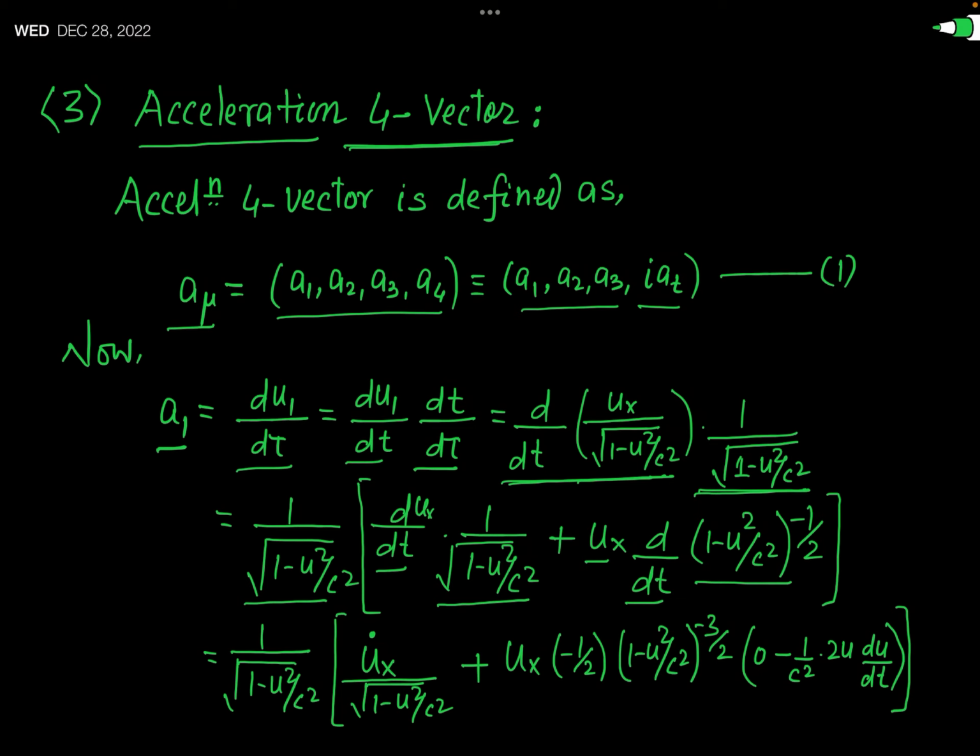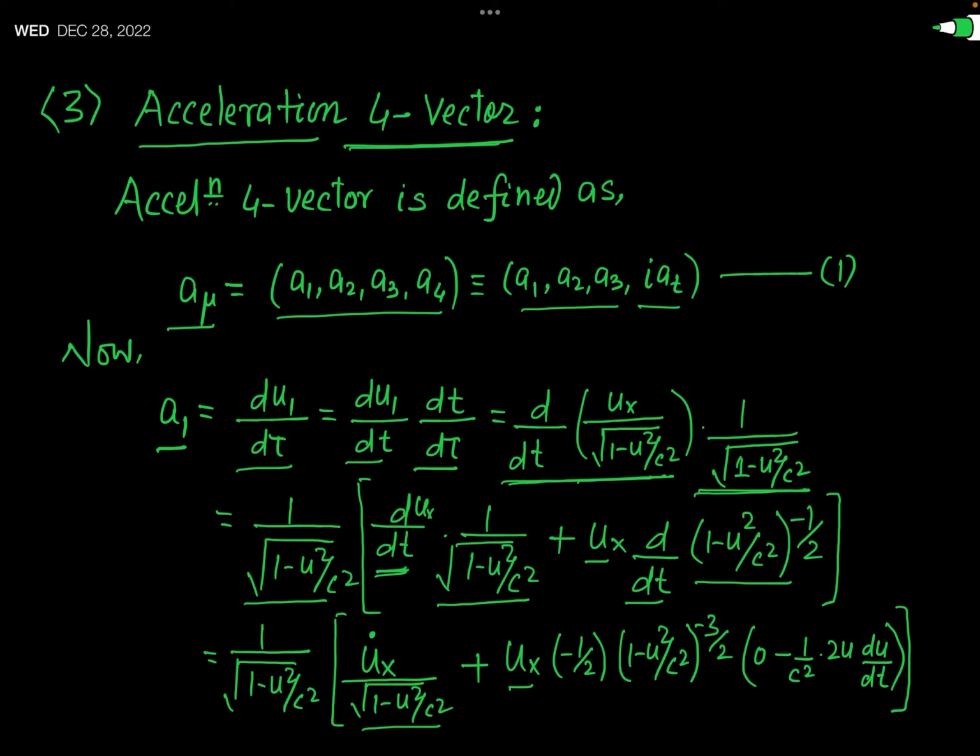Okay. Now, in dot symbol, you know that when we differentiate any function with respect to time t, then we represent that derivative in dot symbol. So this dux by dt is simply written as u dot. Okay. And so this is u dot divided by root over 1 minus u square by c square. Okay. Now ux is as it is.